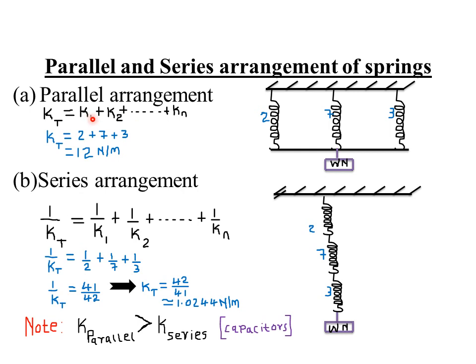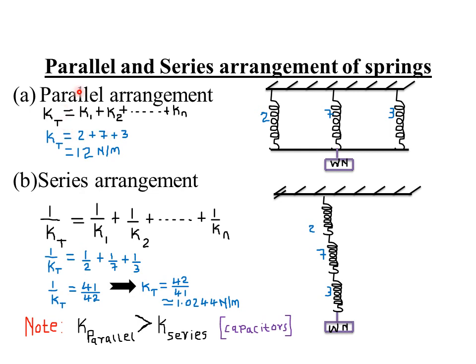So if you are dealing with 3 springs, K total will be equal to K1 plus K2 plus K3. If you are dealing with 5 springs, K total will be equal to K1 plus K2 plus K3 plus K4 plus K5. So up to Kn simply means that you are dealing with any number of springs.